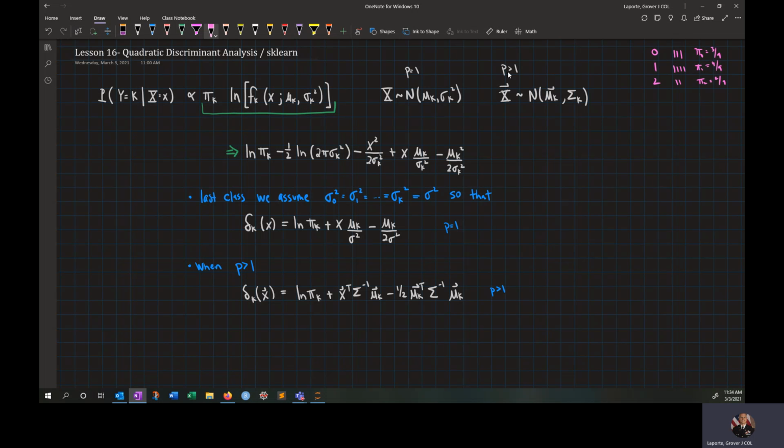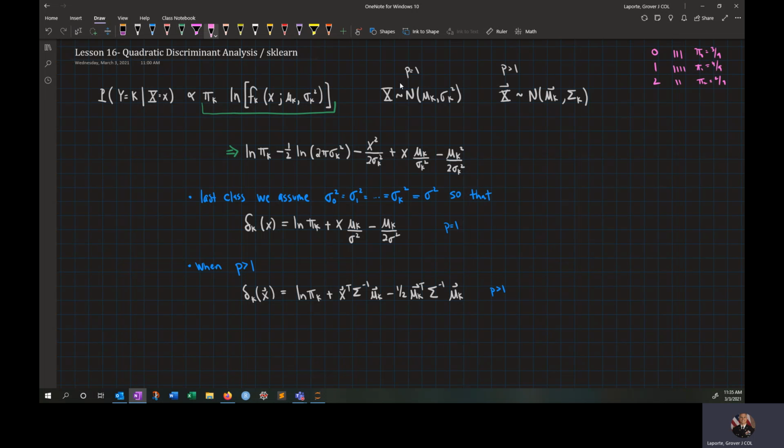When p is greater than 1, p being the number of predictor variables, then we assume that the random vector x comes from a multivariate normal distribution where mu is now however many predictor variables you got, right? So I got a mean for each one of those predictor variables, and then I have a covariance matrix that goes along with that. So if you did this in the single variable world, it would look this way, and then we'll get to the multivariate piece in a second.